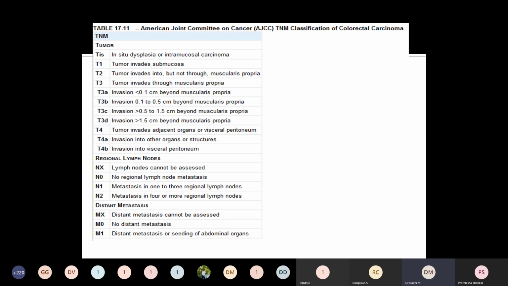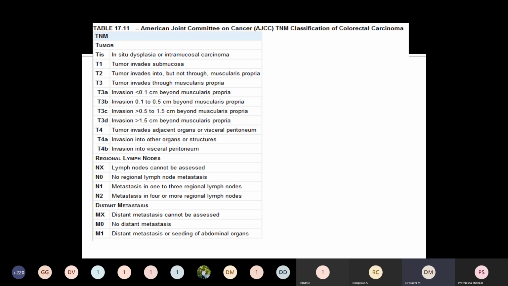So NX when we don't have the lymph nodes for assessment, N0 when we have the lymph nodes but none of them show metastasis. N1 is when one to three regional lymph nodes show metastasis, and N2 is when metastasis is there in 4 or more regional lymph nodes. M means distant metastasis.